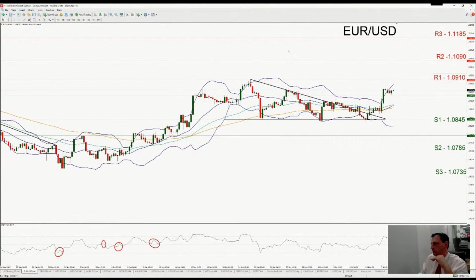The R1, which rests on this peak here, $1.101.